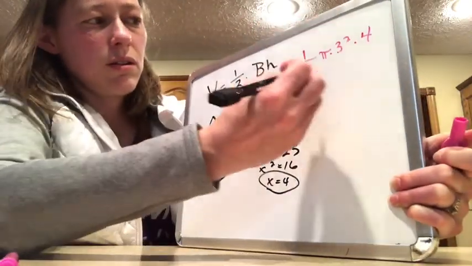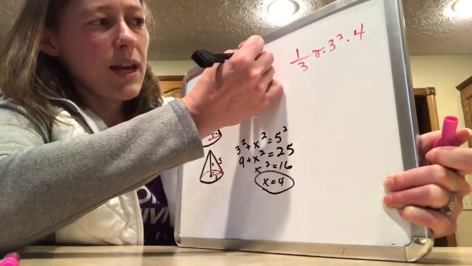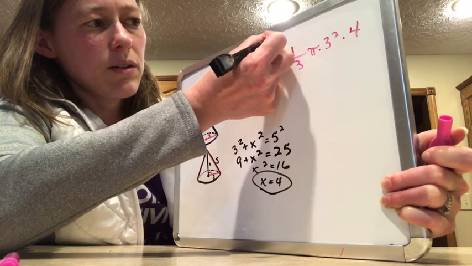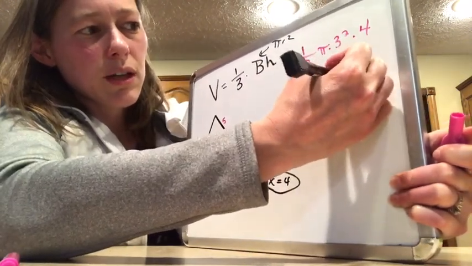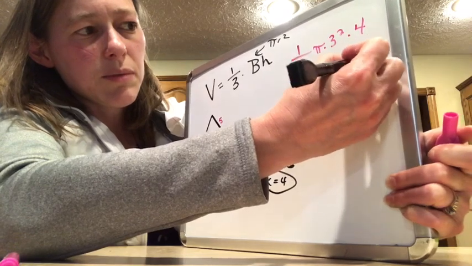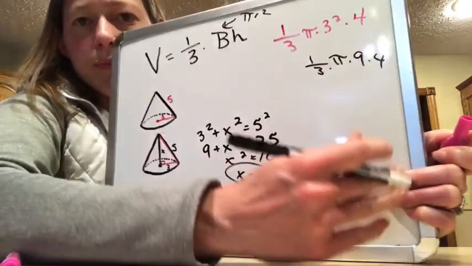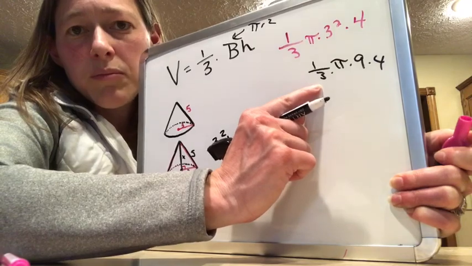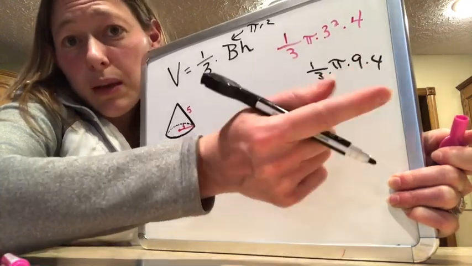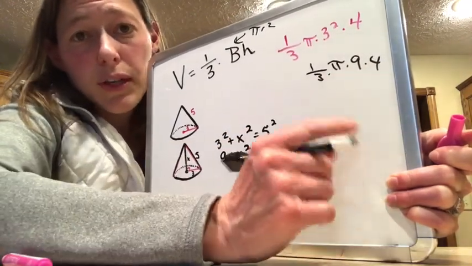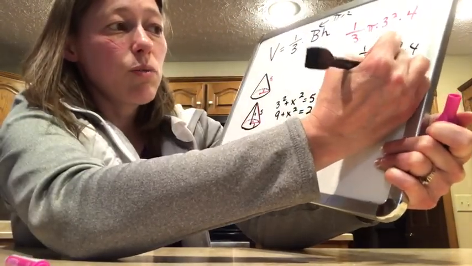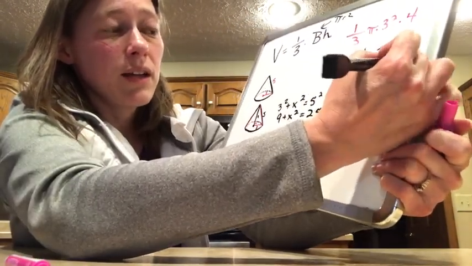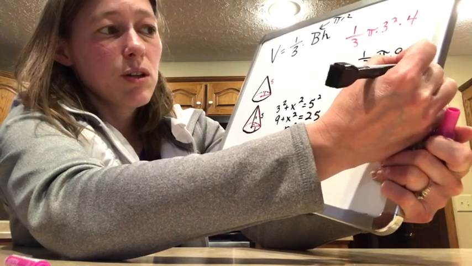So remember this base, that's pi r squared. So 1/3 times pi times 9 times 4. You can multiply 1/3 times 9, which is 3, times 4, which is 12, or you could say 1/3 of 36 is 12. But our answer is 12 pi and whatever it is, centimeters cubed.